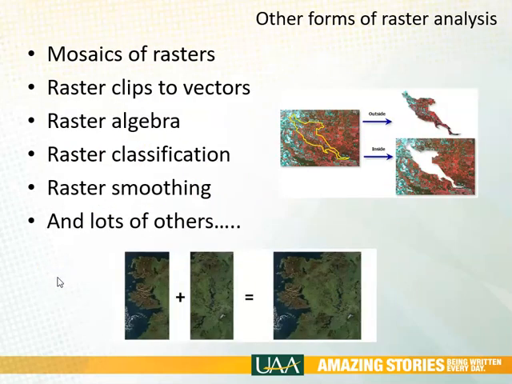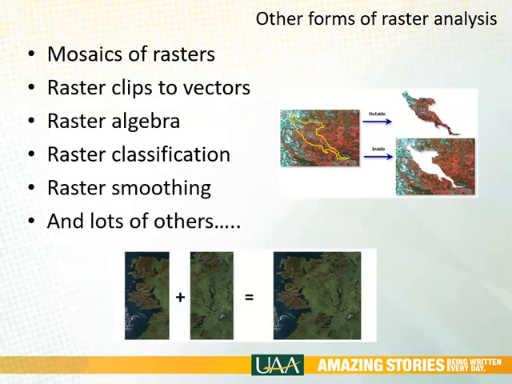In addition to this, there are just a ton of other different things you can do with rasters. On the most basic level, you can do things like clipping rasters. Generally, you need to have a vector, like a vector box that you can then use to clip, to either take data away or to select just the area that you want. You can also mosaic rasters together. That's shown on the bottom, where you take two different rasters and you blend them together.